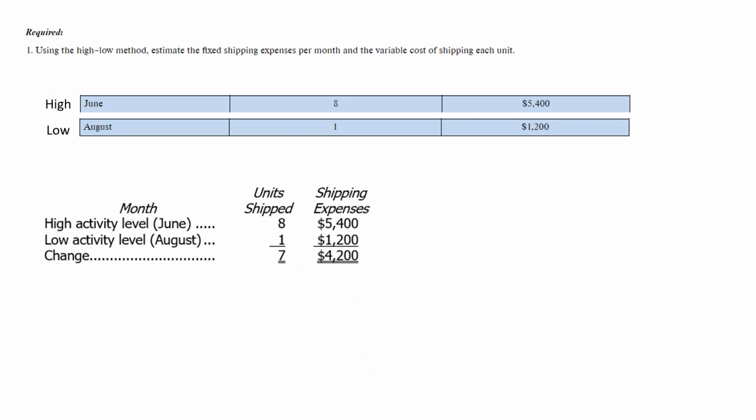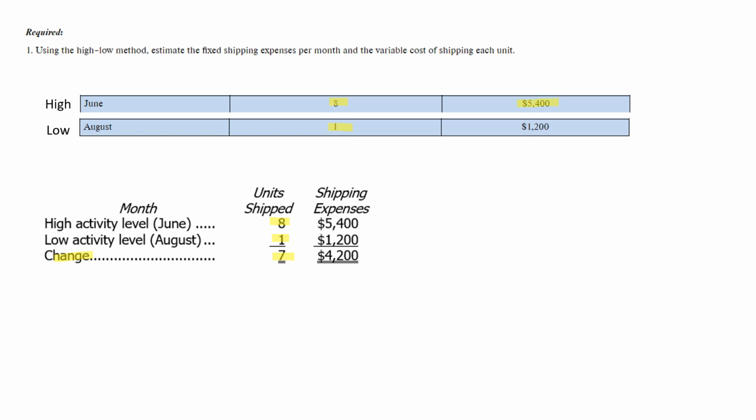So if we look at this, for our activity level first, in June we had 8 units shipped, so we brought that here. In August, our low activity level, we had 1 unit shipped, so here. The difference between the two of them, or the change, is 7. And then if we look at our shipping expenses, or our total cost, in June, our high activity level month, it was 5,400.